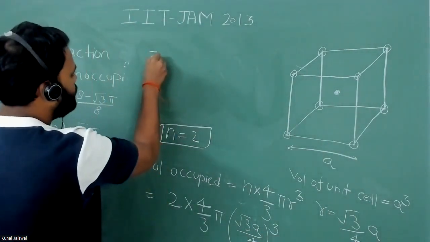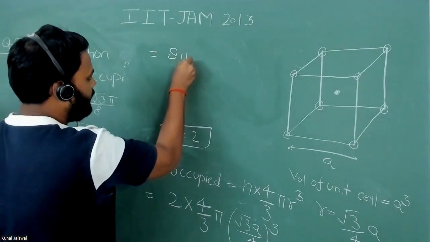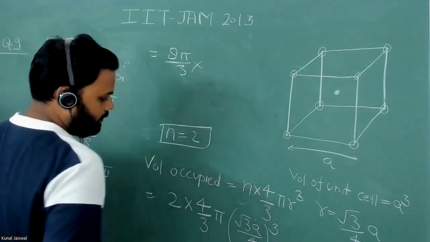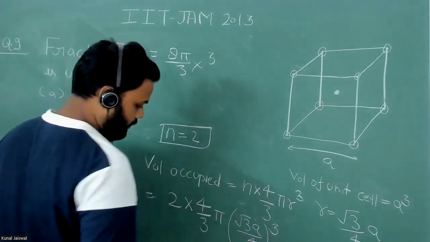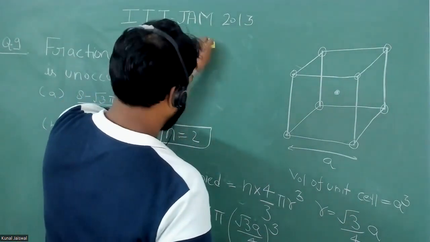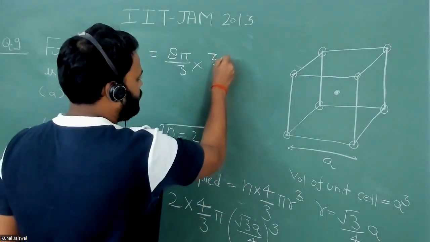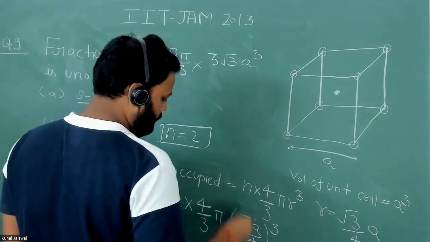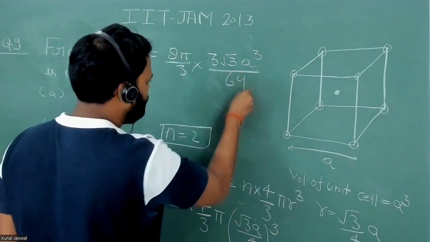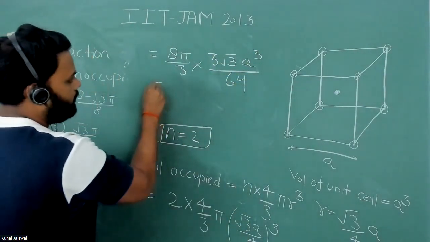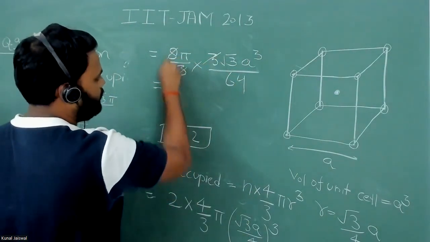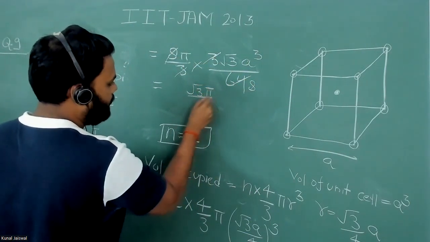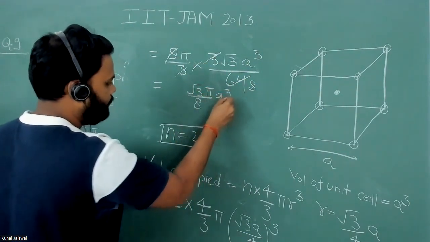It will be how much? 8 pi by 3, and if we open this cube, it will be how much? It will be 3 root 3 a cube by 64, and this will be root 3 pi by 8 a cube.